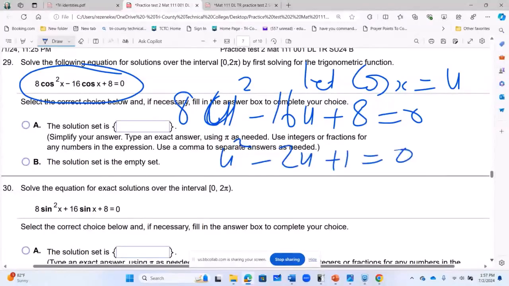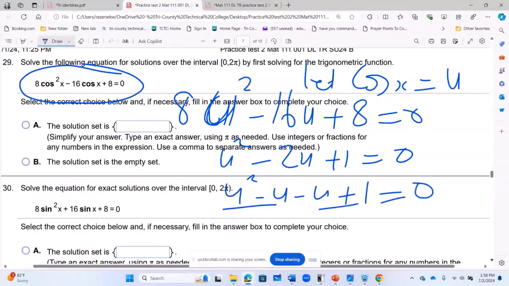The next thing is, can I factorize this? I think I can. The leading coefficient is 1. 1 times 1 is 1, and minus 1 plus minus 1 gives minus 2. So I can write u squared minus u minus u. That way I can do grouping. I like to do grouping.